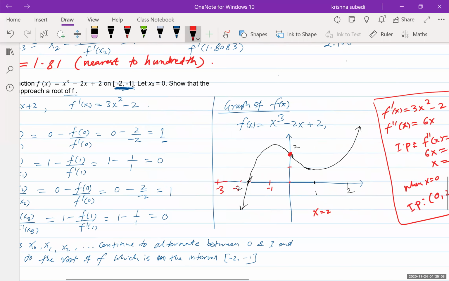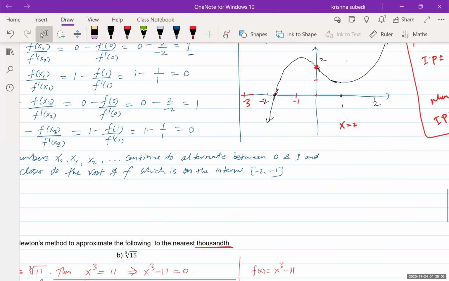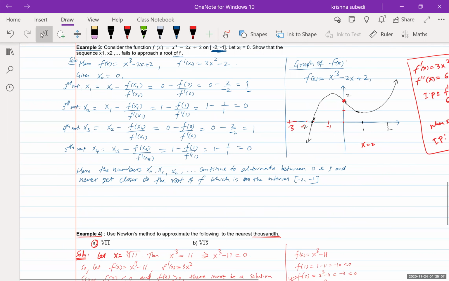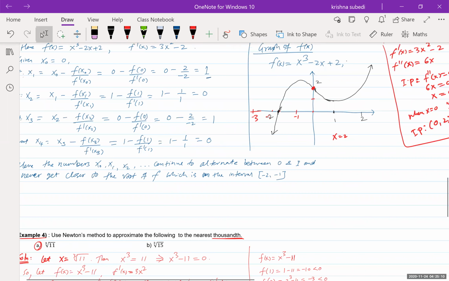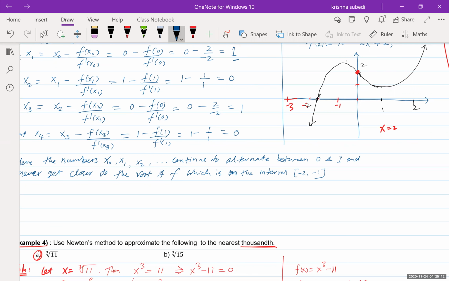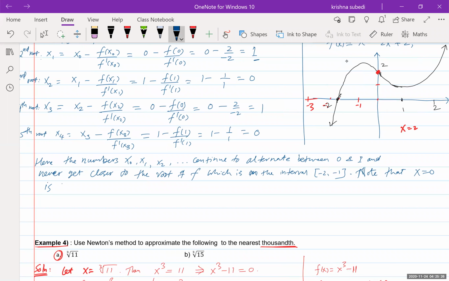So let me write this down here. Note that x equal to 0 is the inflection point.